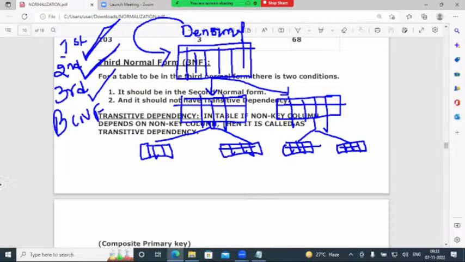Then what next do I have to check? BCNF. In BCNF, I apply it to each and every table. BCNF says first your table should be in third normal form, and then we need to find the super key columns. Suppose in this table I find super key columns, as per the super key the table is split into 3 tables.